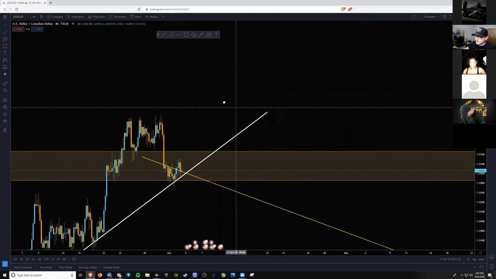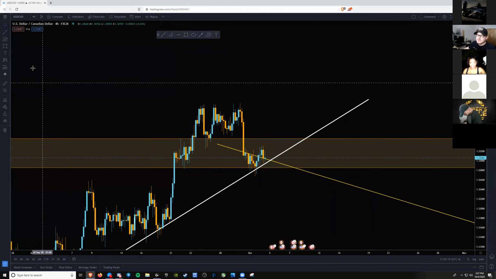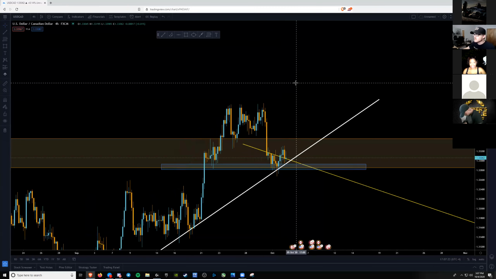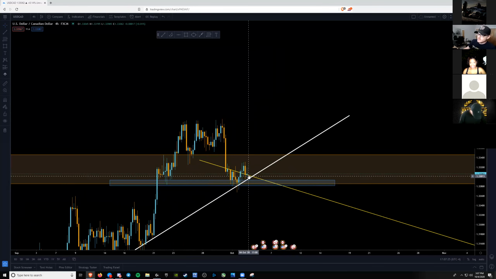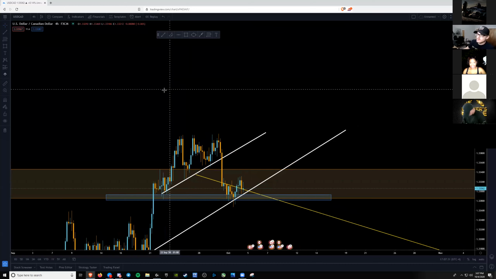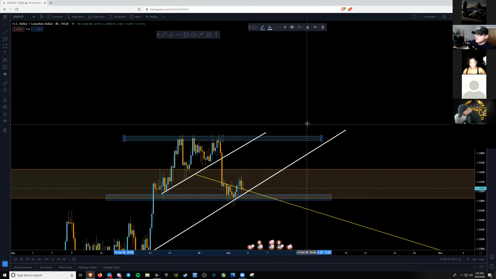You can see that we are throwing tons of wicks in this area. So this is clearly a level of support. So I think this could probably push back up into the area up here.